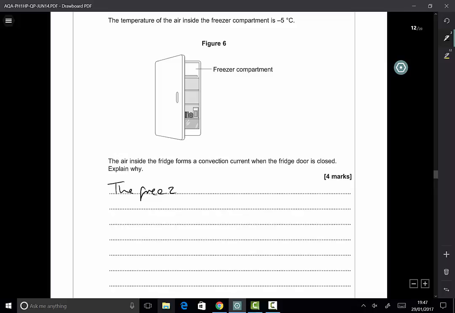So that cools the air at the top of the fridge. Okay, when air is cooled, the particles lose energy.